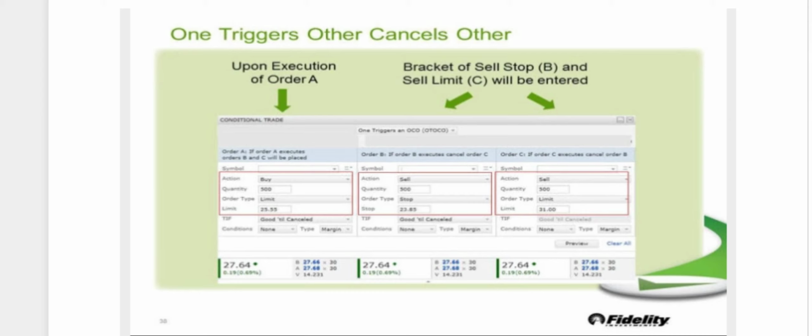So you do the buy. If it executes, it immediately places that sell limit above and a stop below. If one of the others were to execute, it immediately cancels the other one, or attempts to, just like in the one cancels the other by itself.